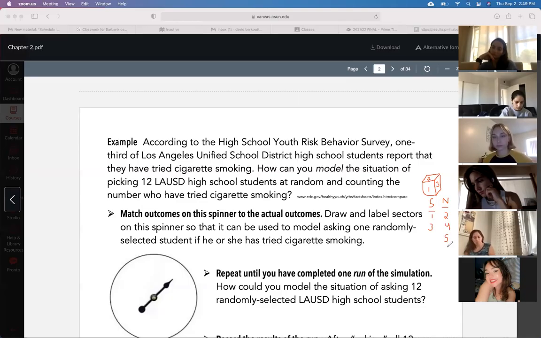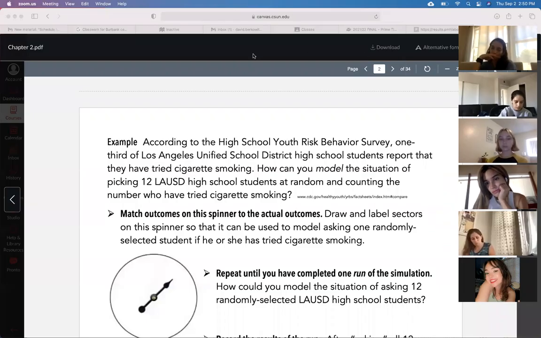Okay, so I might have picked 2 numbers in succession, like 1 and 2, but it's okay. As long as you've created a scenario where 1/3 of the time you're going to land on smoking versus non-smoking, it's a perfectly okay simulation scenario. Does that make sense? Yeah, that makes sense.